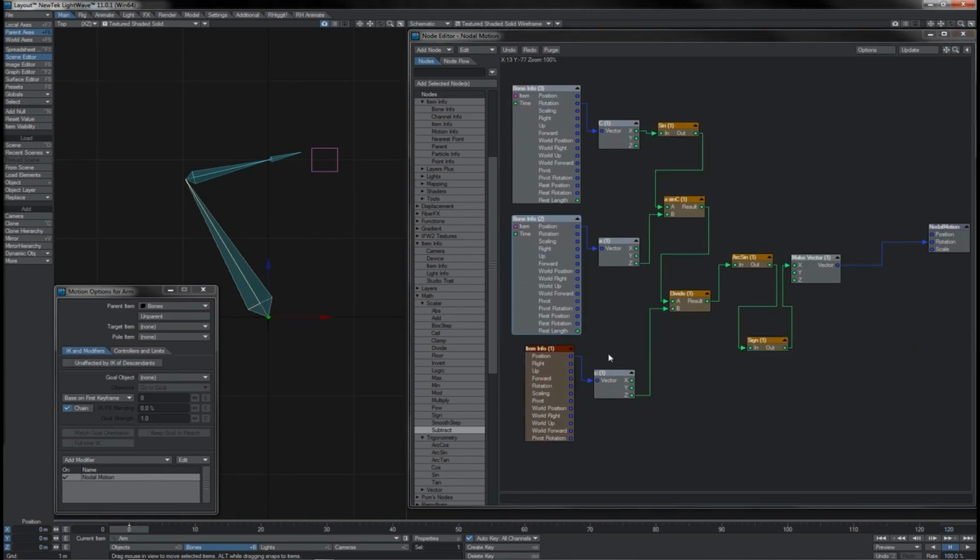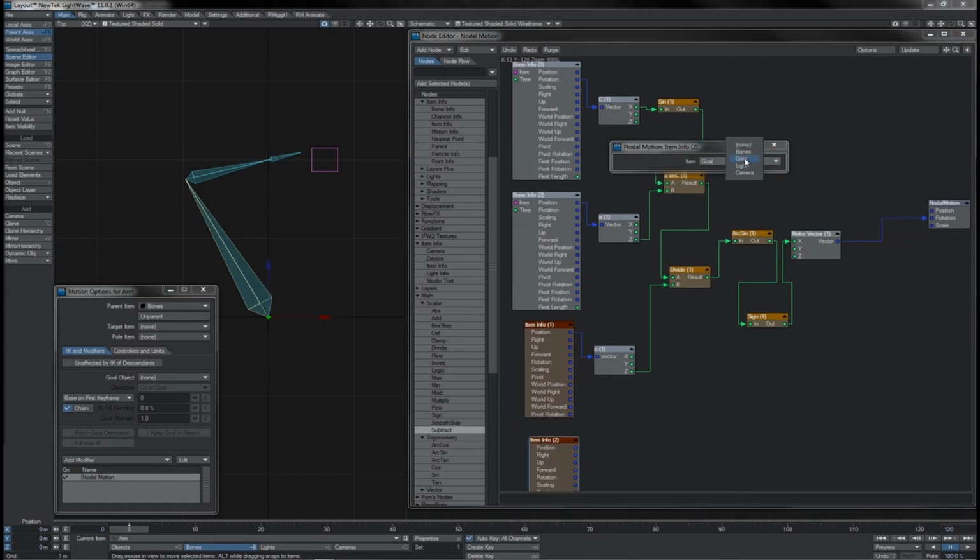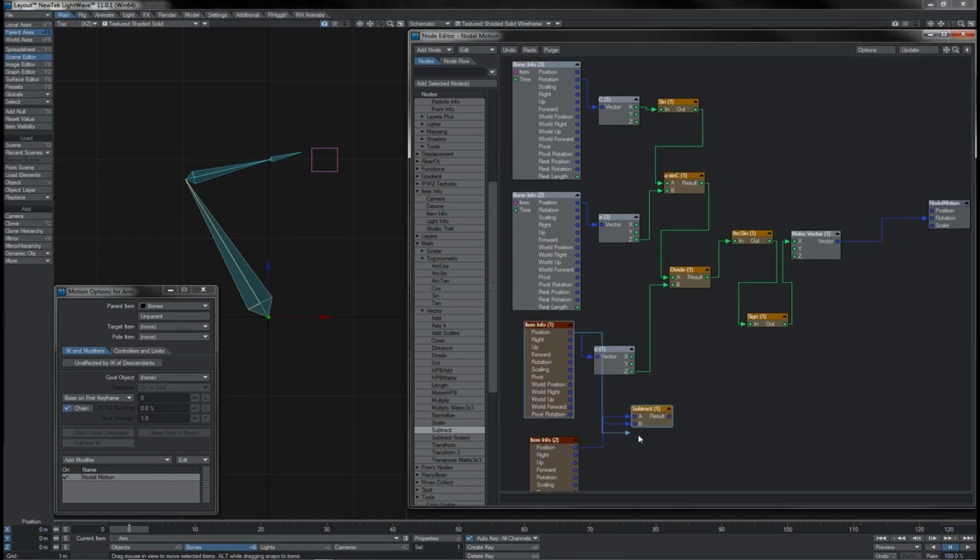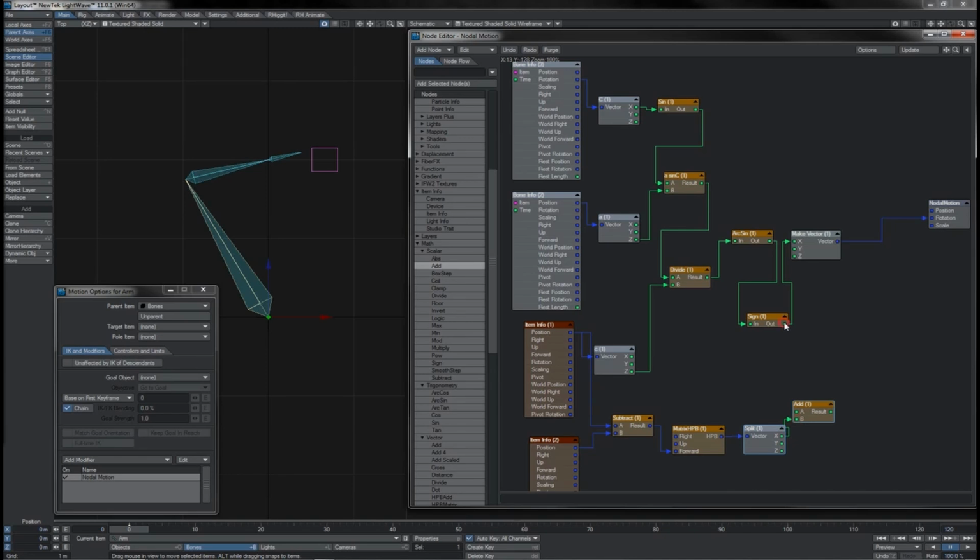I'm going to get another item info here, which is just going to be the bones null item. I'm going to subtract the position of one from the position of the other, use that as a direction to create a rotation, get just the heading component of that rotation, and then simply get an add to add it on to the existing rotation we've already got. And there we go. Now the arm responds to the X as well.